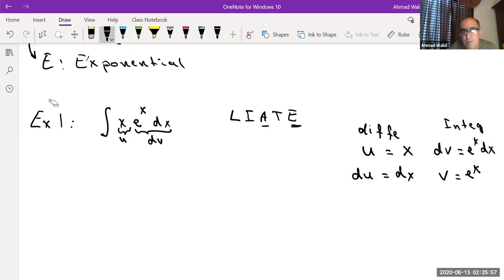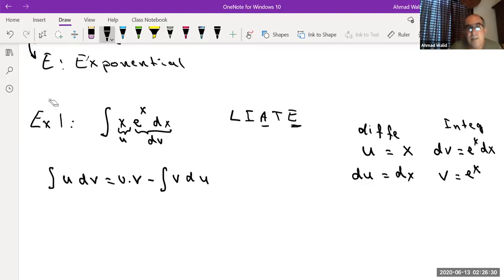Now, my formula is integral, correct? Integral of u dv equals u times v minus integral of v du.